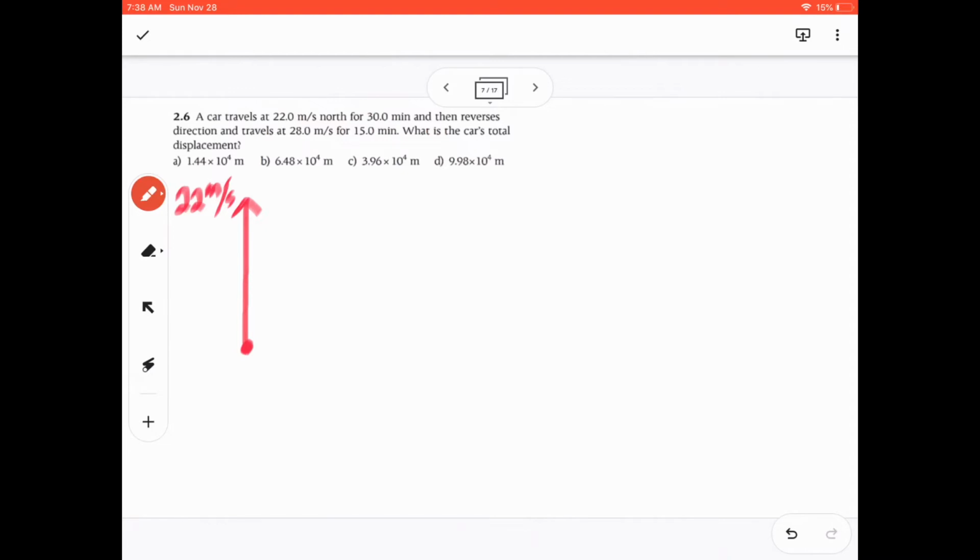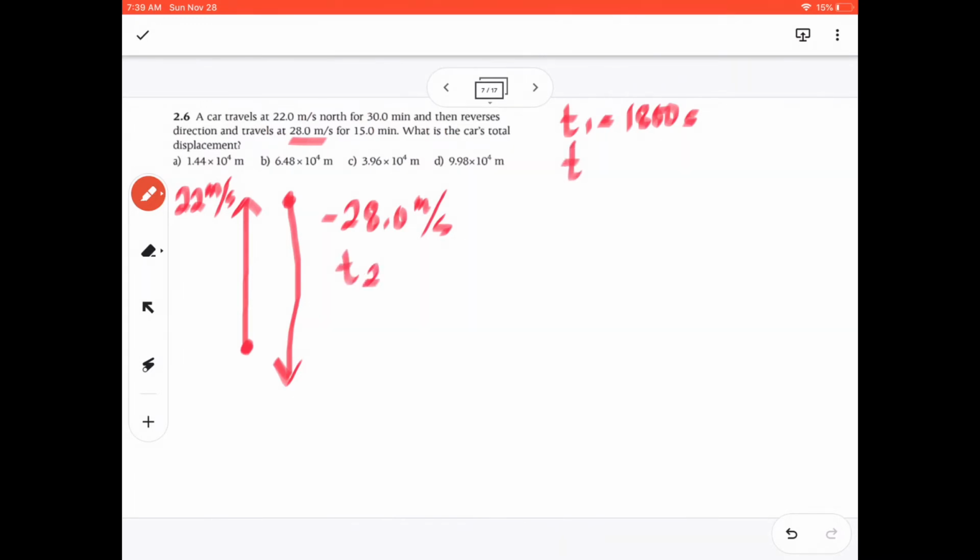So the time 1 is 1,800 seconds. And then it reverses direction and travels at 28.0 meters per second. So this is negative 28.0 meters per second. And the time 2, T2, is equal to 15 minutes. 15 minutes is equal to 900 seconds.